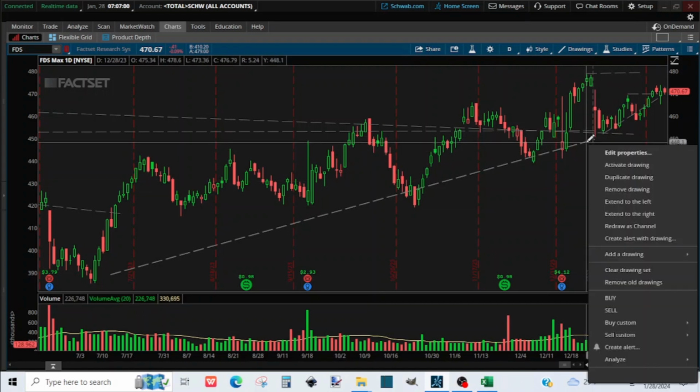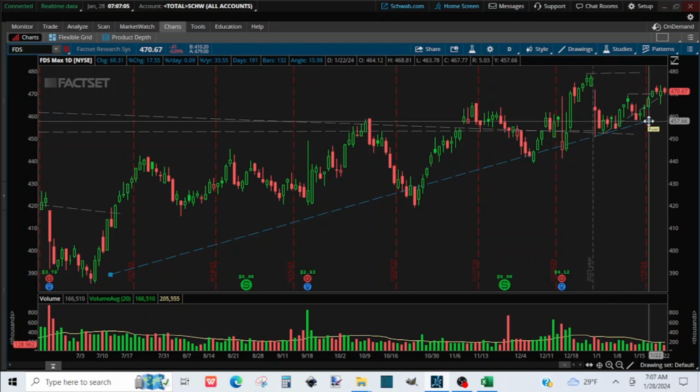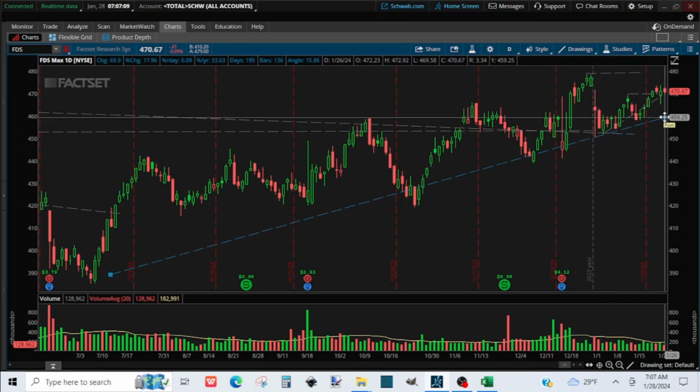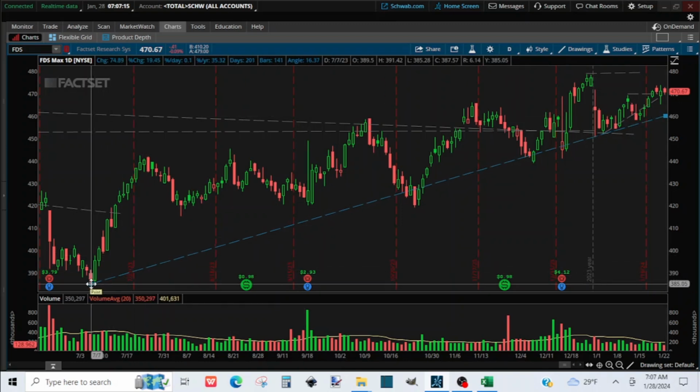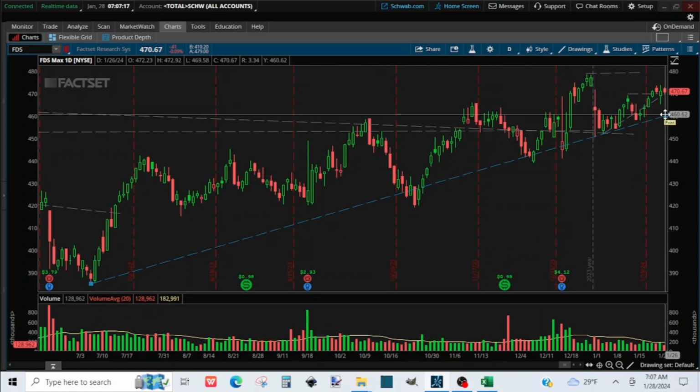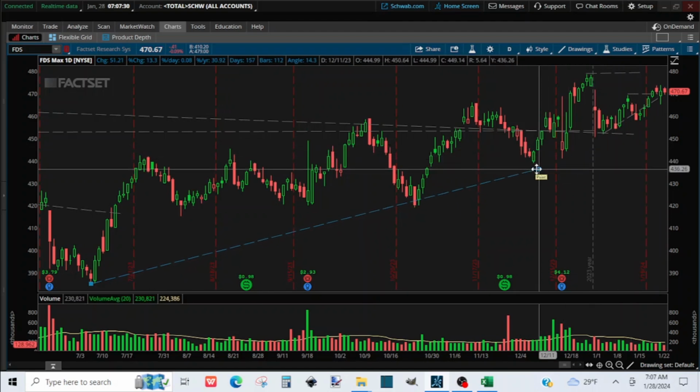We are going to increase this trend line. Okay, so I don't know what this trend line is doing. If I'm connecting those, it's far from the line. So let me see.